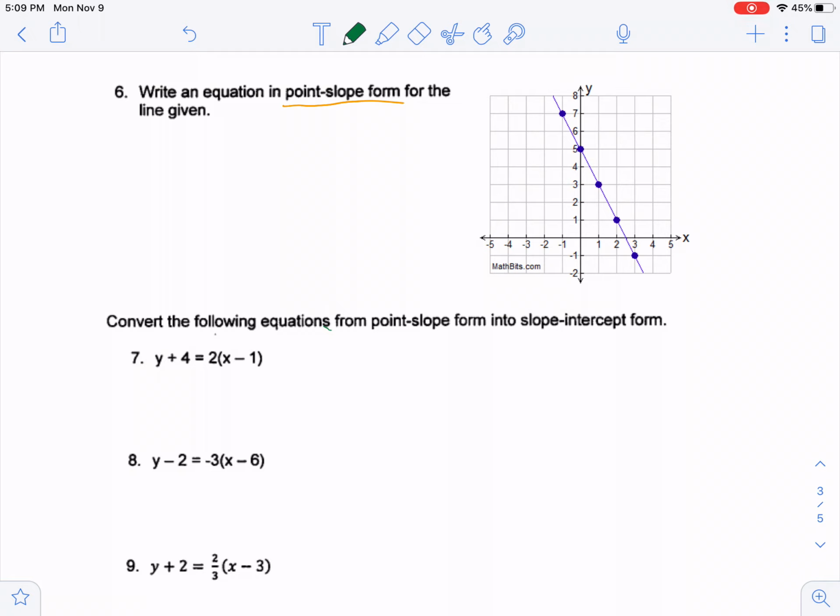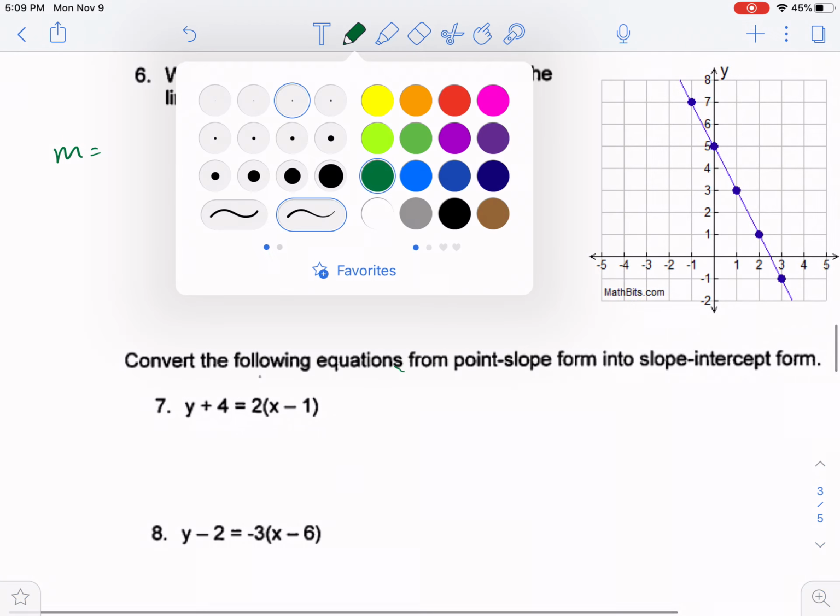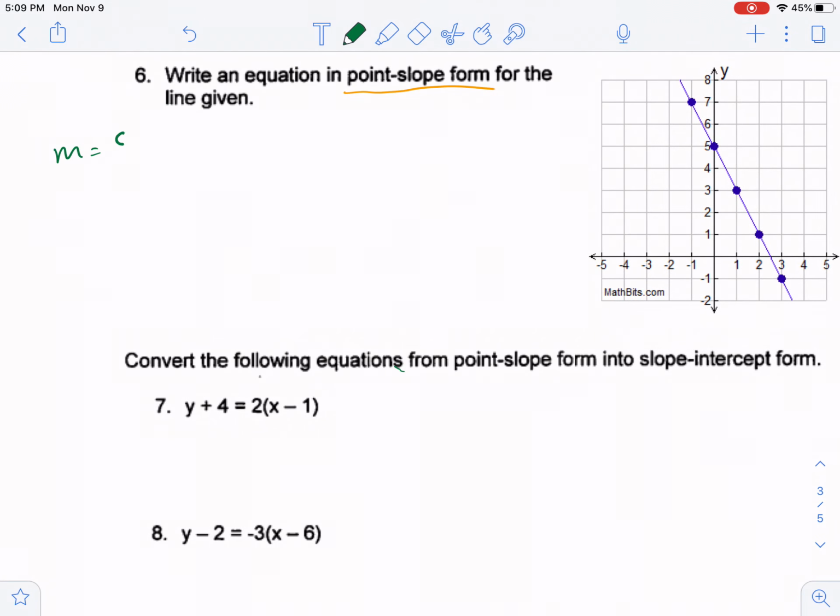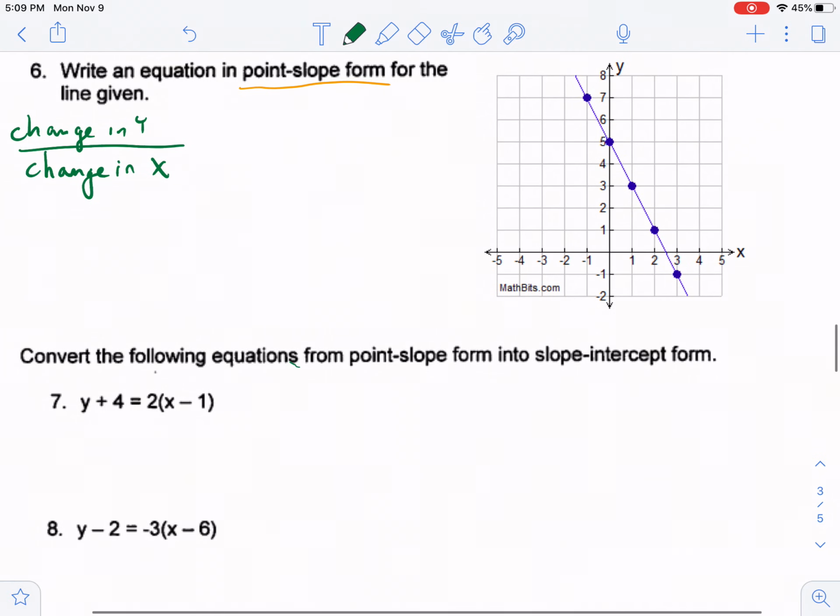I can say we know that slope, m, is the change in y over change in x. So what is the change in y? Well, let's pick 2 points.